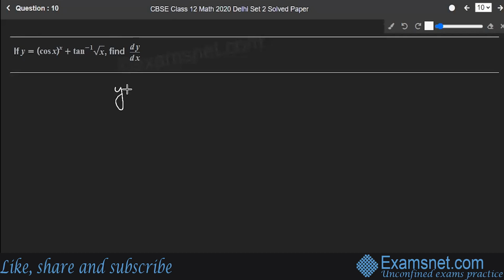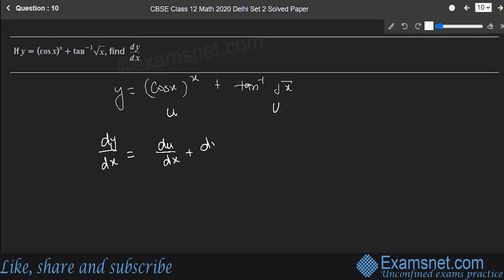Question number 10, you are given y is equal to cos x raised to the power x plus tan inverse root of x. You have to find dy by dx. Let's go. I will say this is equal to u and this is equal to v, and then dy by dx is equal to du upon dx plus dv upon dx.